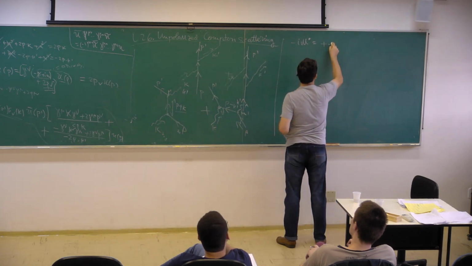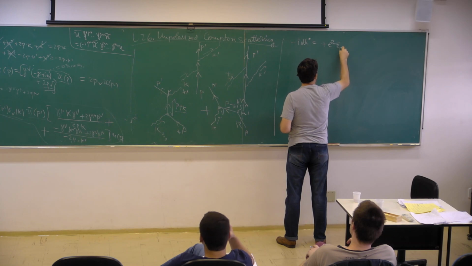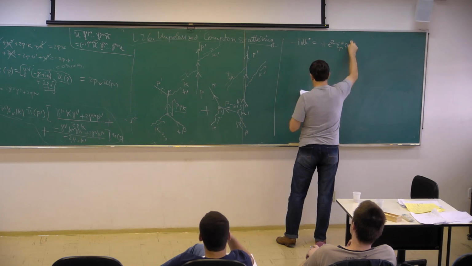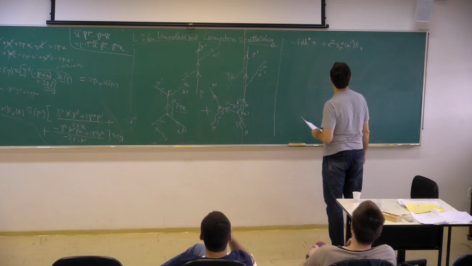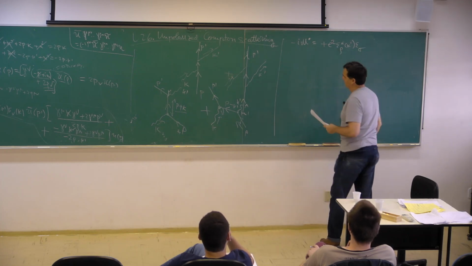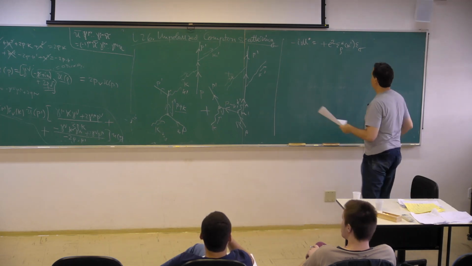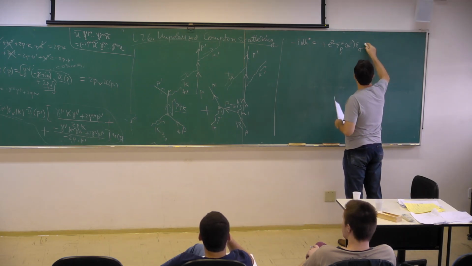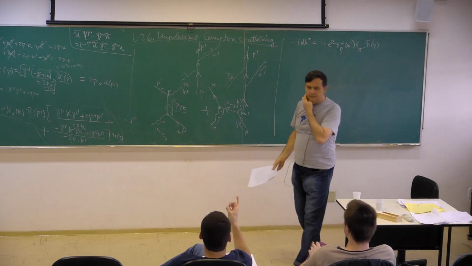Means plus e squared epsilon mu star of k prime epsilon, yeah, I should use a different dummy variable because mu is already there. What about complex conjugation? Sorry? Shouldn't you complex conjugate?